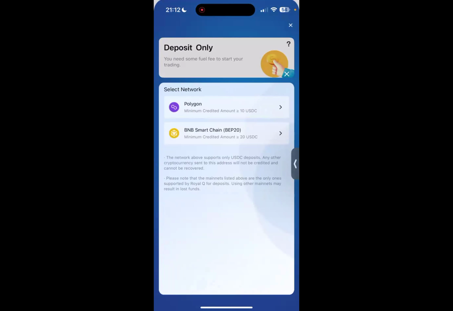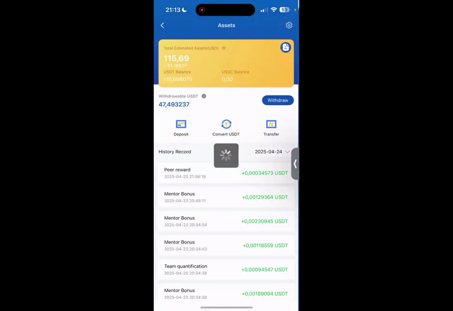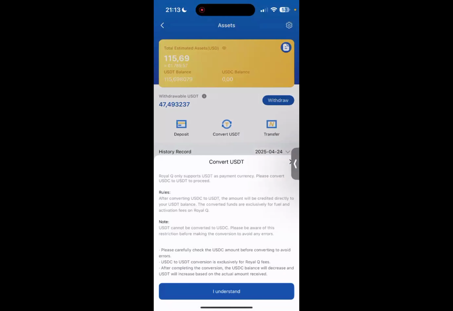That is the Binance token. Okay, BEP20. So you can deposit that. But mind you, if you deposit USDC, the robot cannot charge in USDC. It charges in USDT. So you then have to use the convert button that Royal Q gave us. Then you tap on I understand.